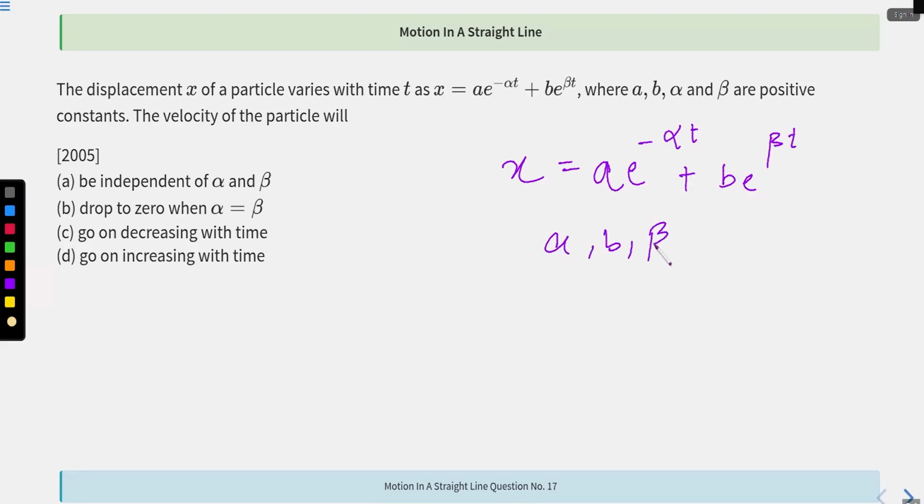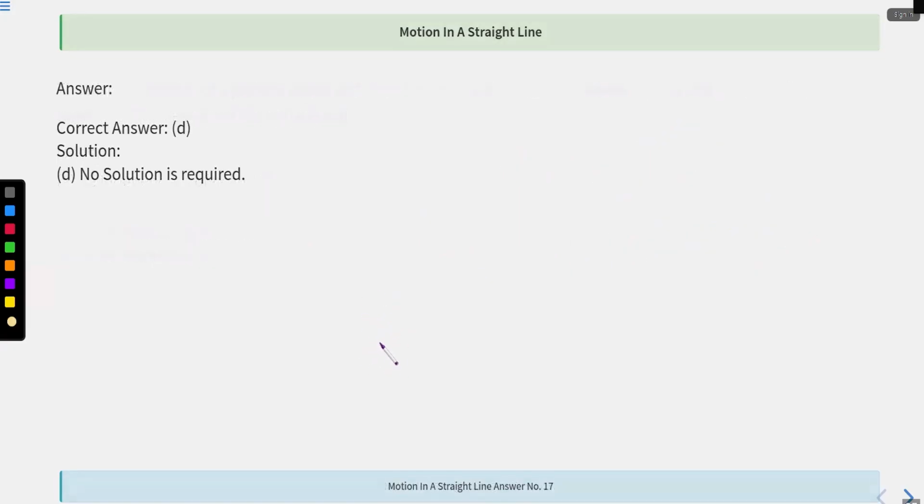A, b, alpha, beta are positive. It varies with time. It will be increasing, obviously, because the angle is always the same, right? The velocity is in the direction of that specific particle. So no solution required.